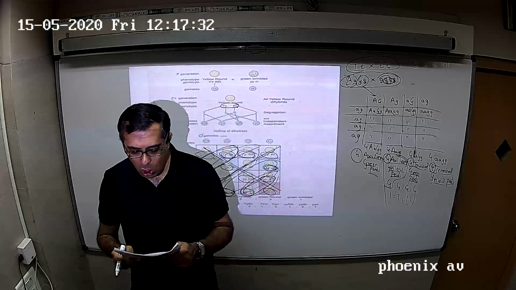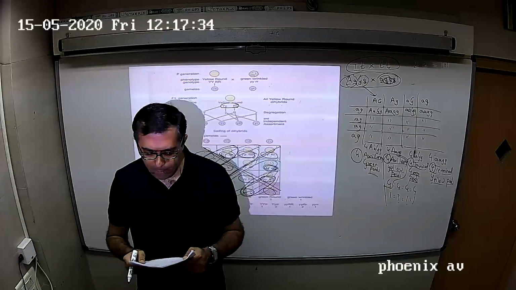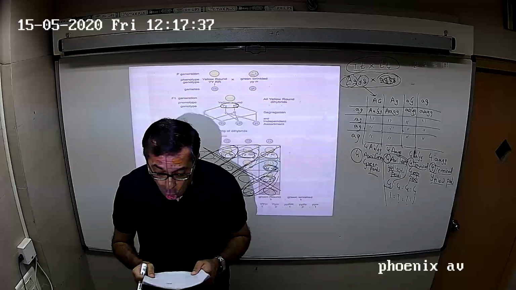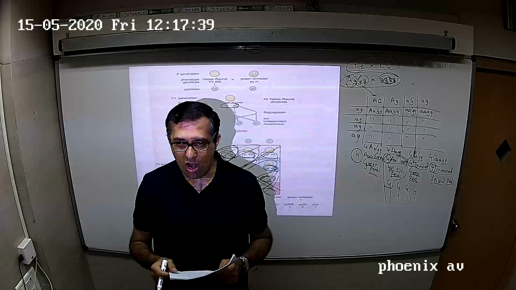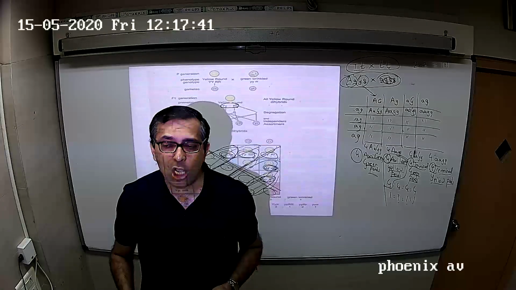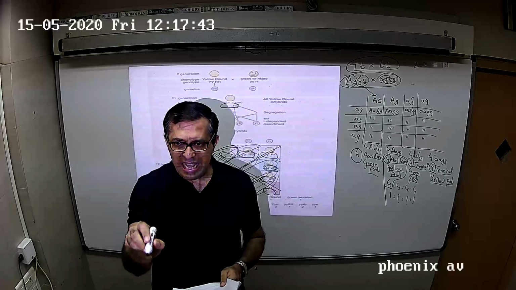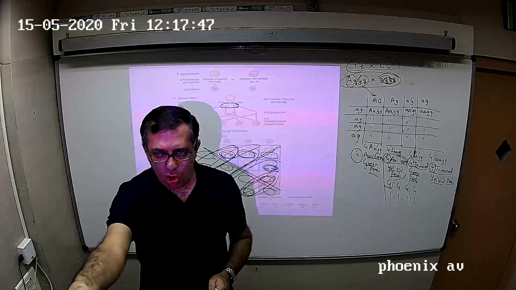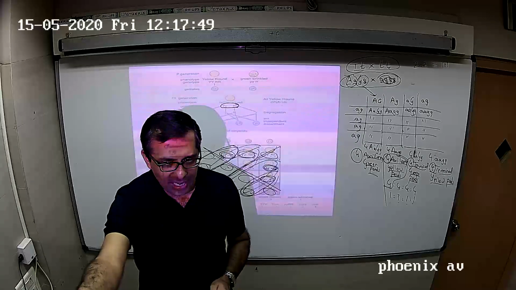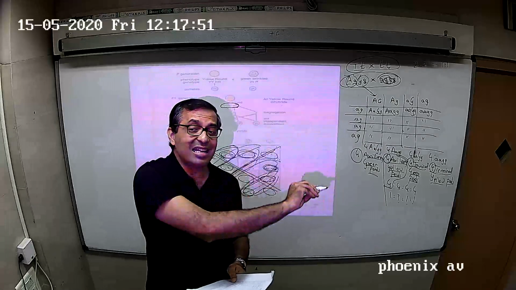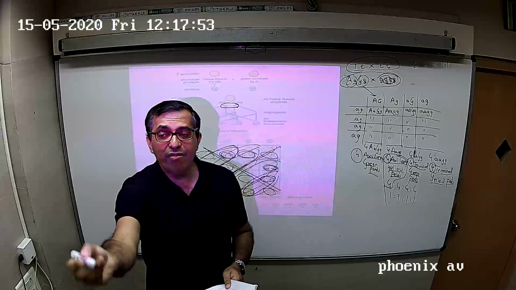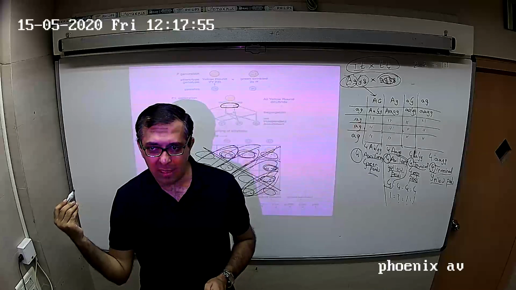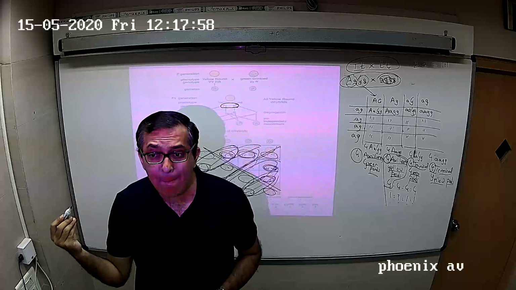A cross of a hybrid with the dominant parent is called a back cross. Any F2 generation plant, we back cross it with either the recessive parent or with the dominant parent, then that is called a back cross.